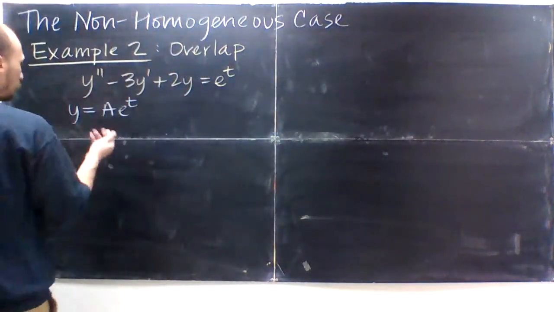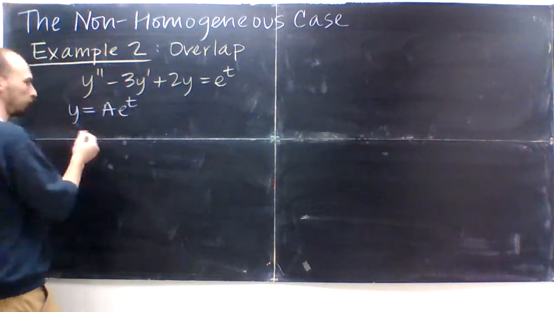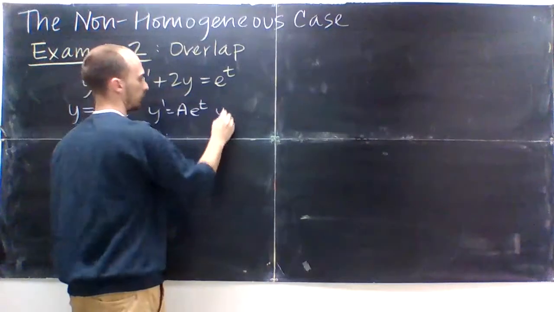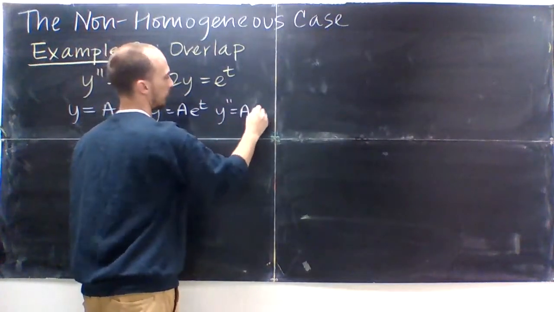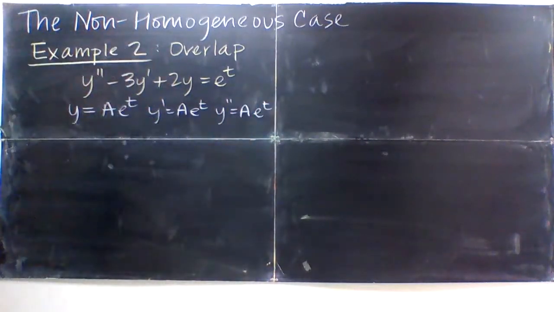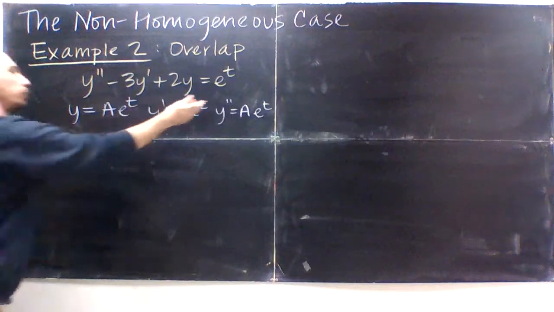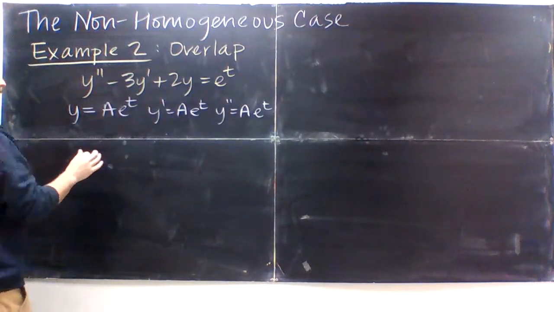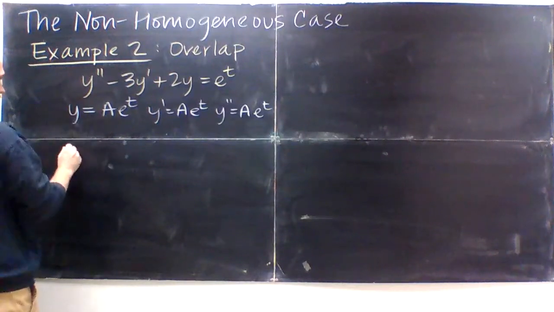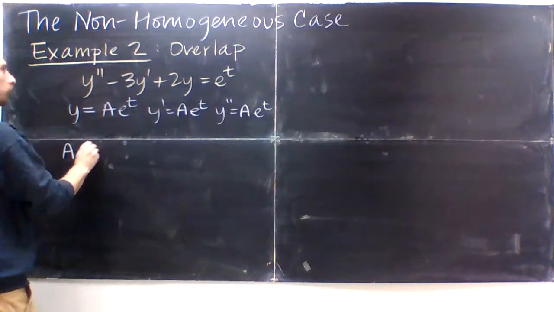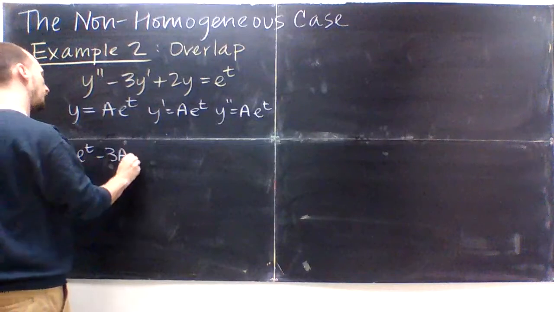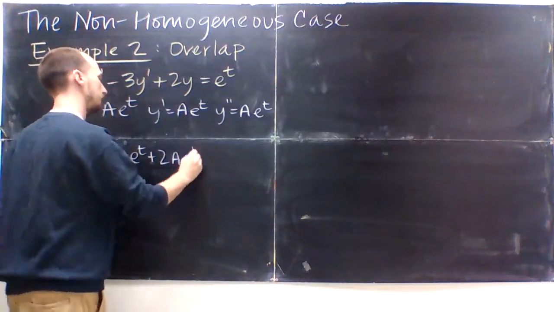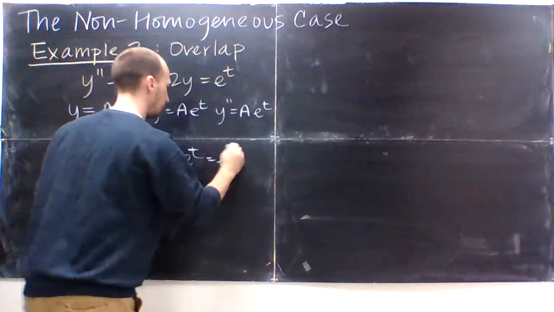When I put this back into the left side of the equation, I'll have a e to the t minus 3a e to the t plus 2a e to the t equals e to the t.